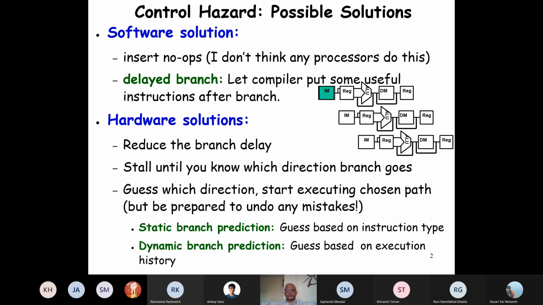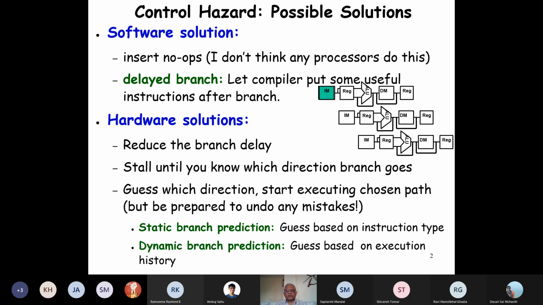There are two possible solutions to control hazards. One type is the software solution. We'll look at this, and also the hardware solutions. These solutions were used, and as I was saying, now the solution is a predictor based solution.